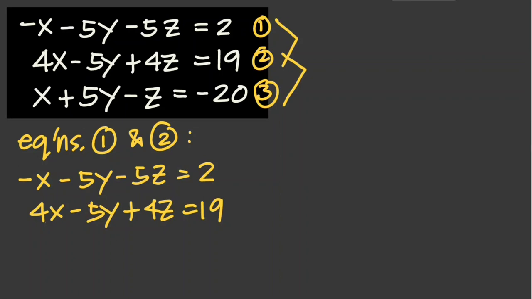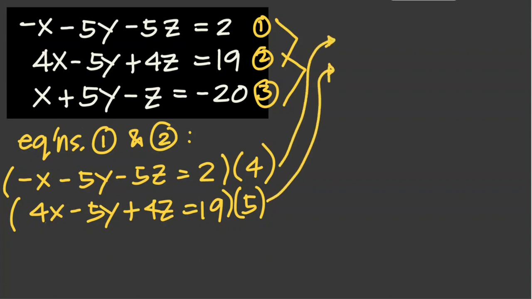That means we have to multiply each equation by a certain number to make them equal. So we can multiply the first equation by 4 and the second equation by 5.